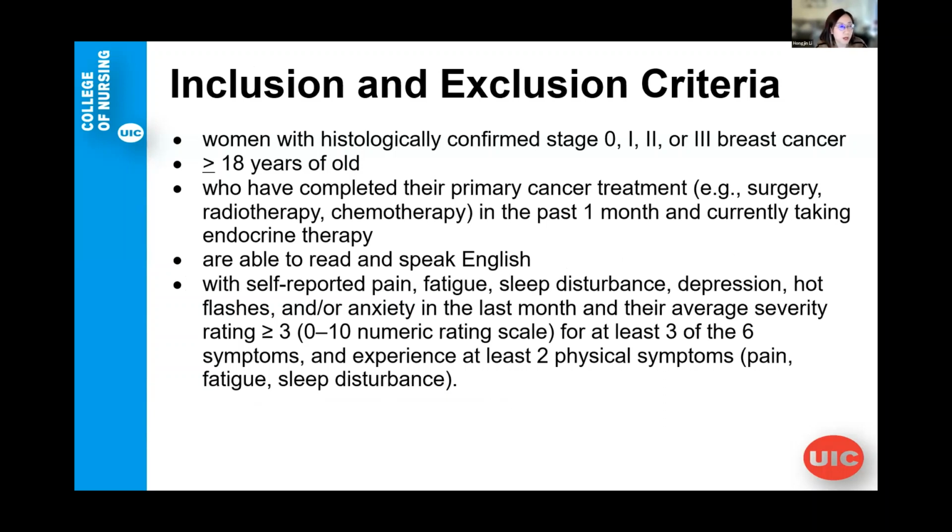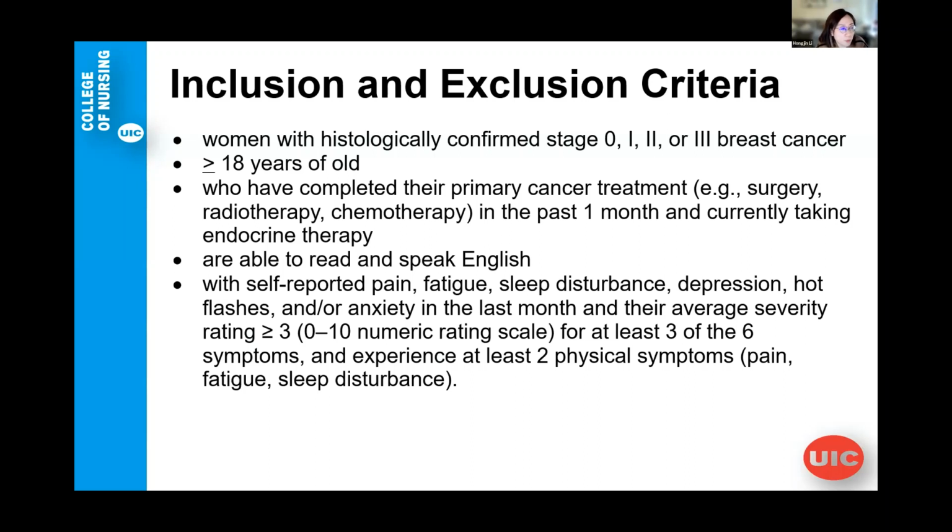We want to recruit early stage breast cancer survivors who have completed their major cancer treatment, which means they finished their surgery, radiation, and chemotherapy in the past months, and they are currently undergoing endocrine therapy. We are only limited to English speakers at this time, but we will broaden to Spanish speakers in a later study.